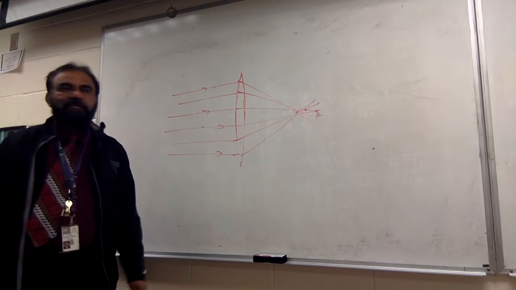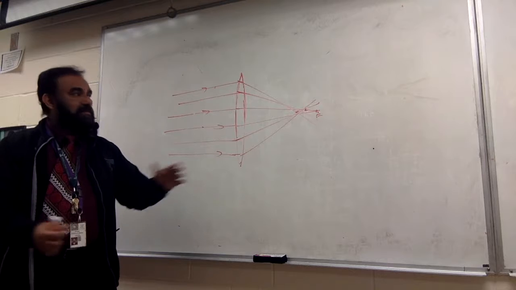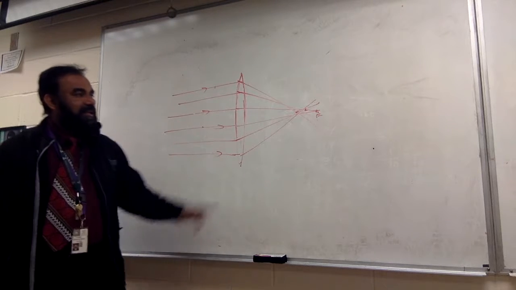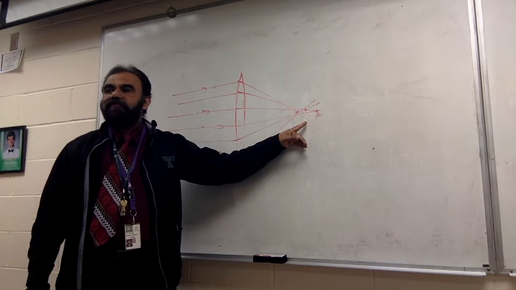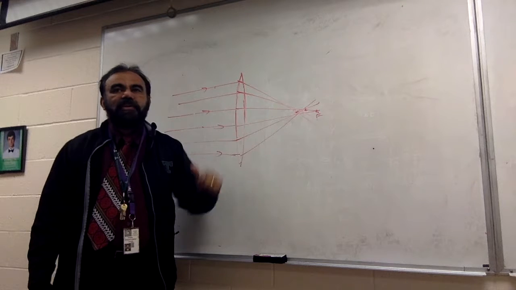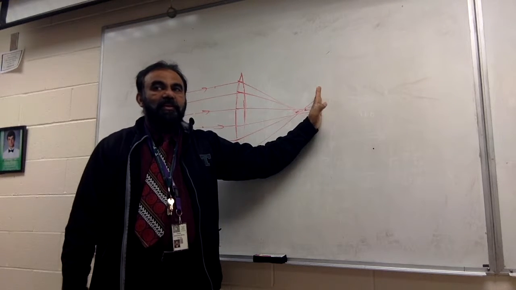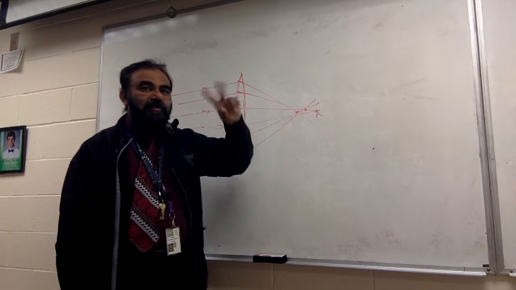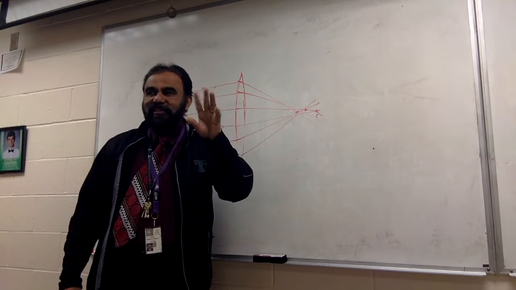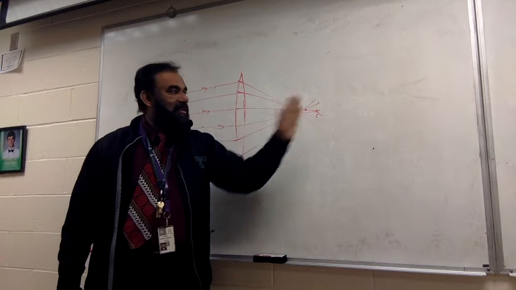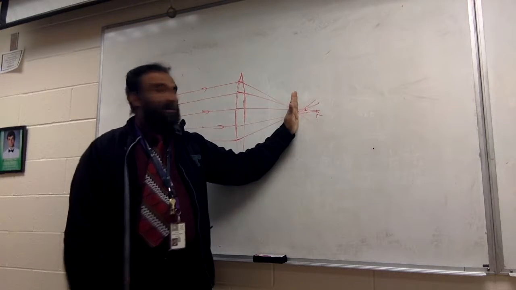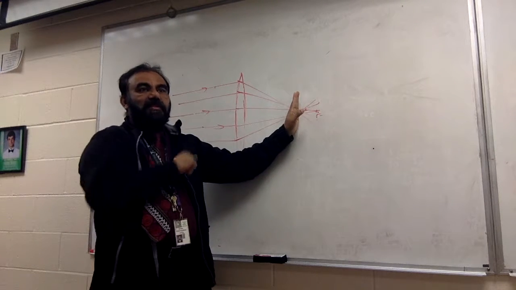So if you use a pretty wide lens, the image is not going to be clear. Where will you put the screen? If you put the screen here at the very end, you're getting these rays focused, but the other ones will be out of focus. That means it's creating a blurred image. If you put it over here, then the wide ones are getting focused, but the other ones are not.